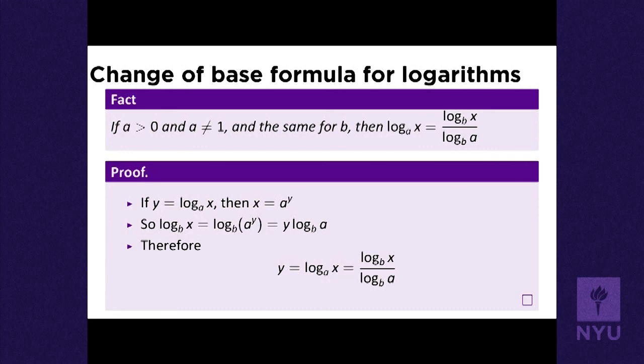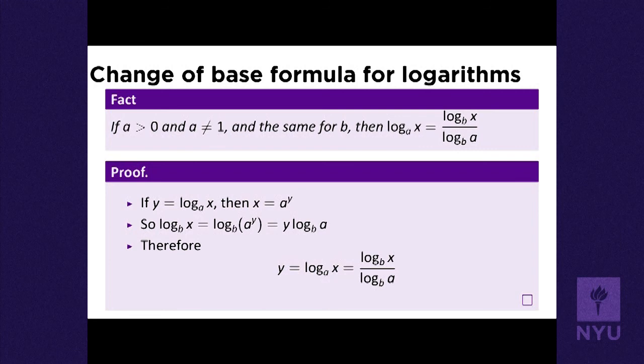And using the fact that the log of a power is the exponent times the log of the base, I get y times log base b of a. So I can solve for y, and I get y is log base b of x divided by log base b of a. Okay? So if we have log to one base, and we want log to another base, then we can just compute by dividing by the log of one base to the other base.